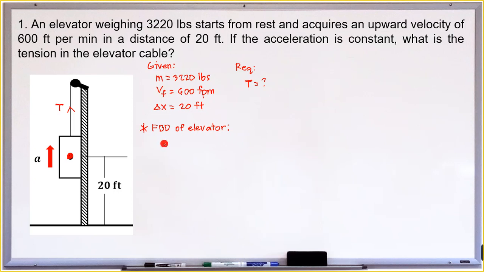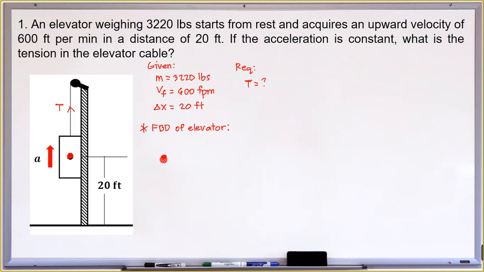When you say kinetics, we consider the forces that interact with our system. Our elevator is an object, so in our FBD, let's represent our elevator as a single particle. And then what are the forces that interact with our elevator?